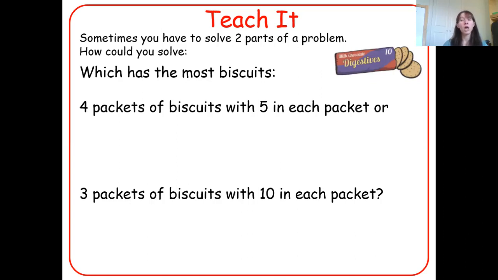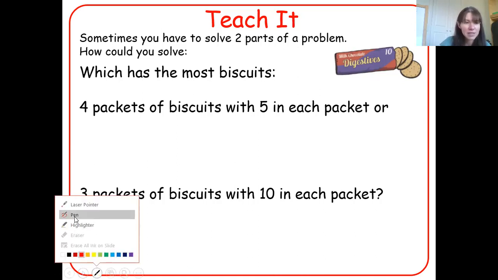So we know we've got to do 2 things. And we can't do both of those at once, so we need to do one at a time. So we need to look at that first line first. It says 4 packets of biscuits with 5 in each packet. So what we need to do there is work out our calculation. And what is our calculation going to be?